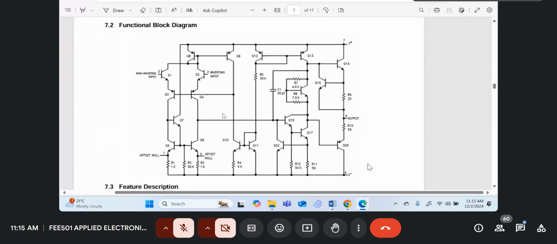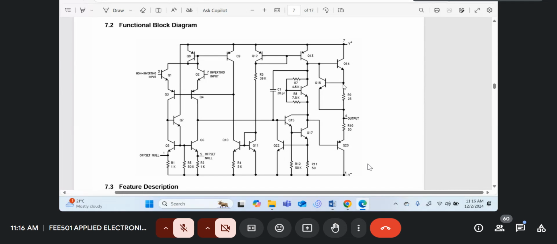So this is the internal construction of a Texas Instruments op-amp. This is the output of our circuit. You see there is some emitter resistance, and this emitter resistance is for protection. When the drop across this resistor is approximately 0.6, or you can take 0.5 for the cut-in voltage.